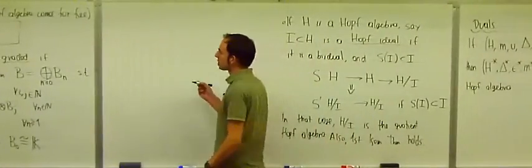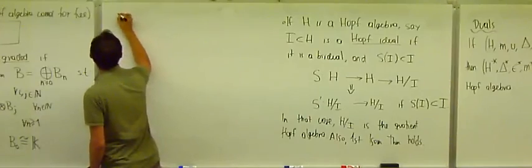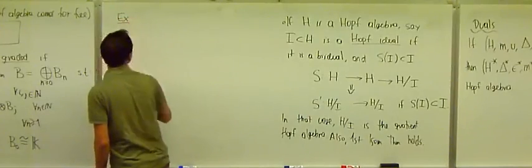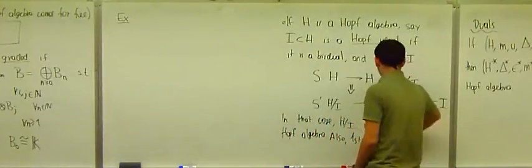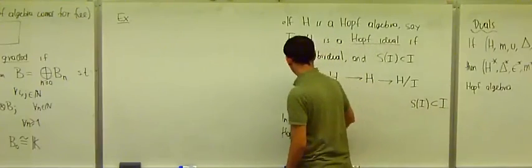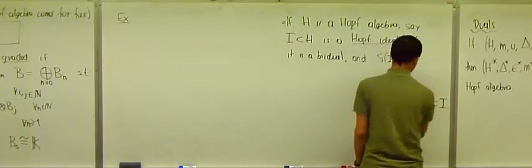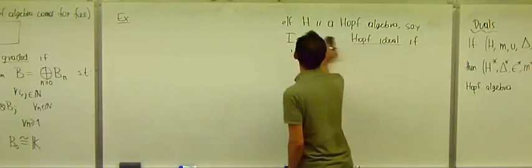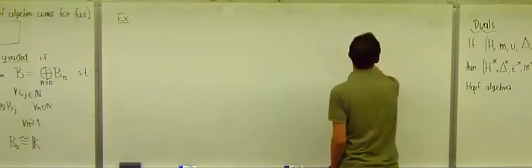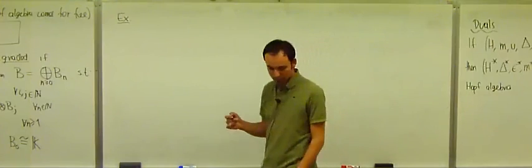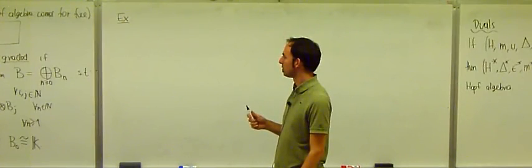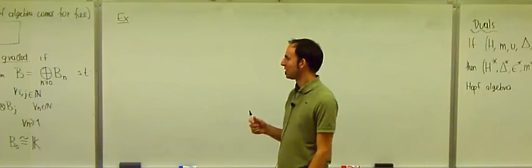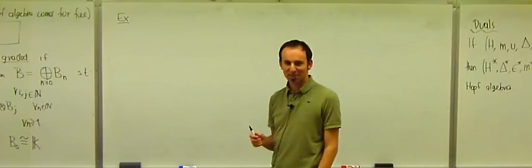Let's talk about some examples of Hopf algebras that are graded. A graded Hopf algebra is a Hopf algebra that is graded as a bialgebra.